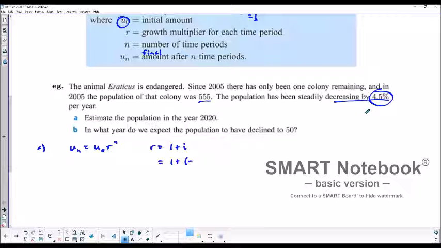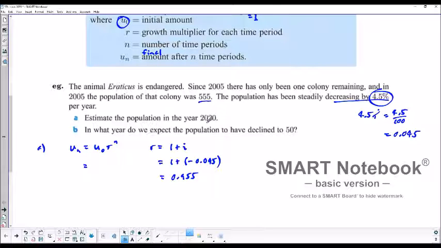We have to write 4.5% as a decimal: 4.5 per 100, and when you divide that, you get 0.045. So it's negative 0.045 for the growth rate, and when you subtract that from 1, you get 0.955. That's not a rate of change, but our factor.